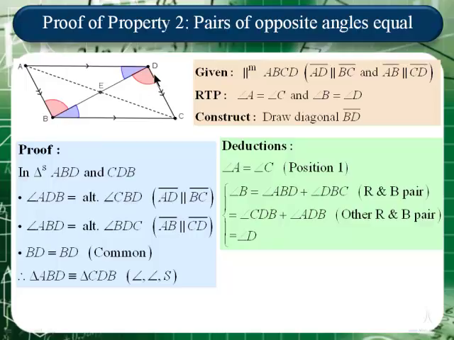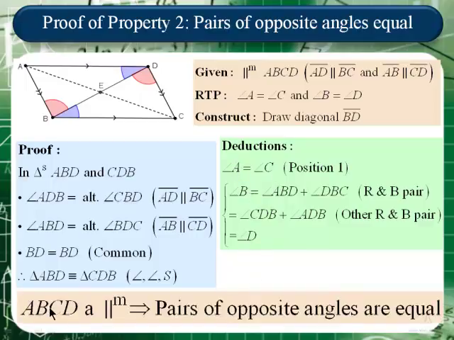Now this red one is equal to the red one up there, and the blue one here at the bottom is equal to the blue one there, and that gives us angle D. So by using that, we can show that straight away angle A is equal to C and angle B is equal to D. And now we have proved that if we are given a parallelogram, then the opposite angles are equal. Again, this can be utilized in applications, and we can say that because it's a parallelogram, we know that opposite angles are equal.